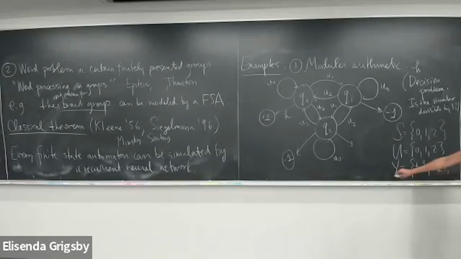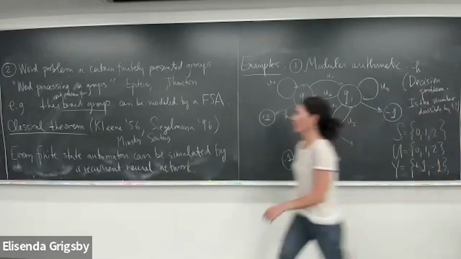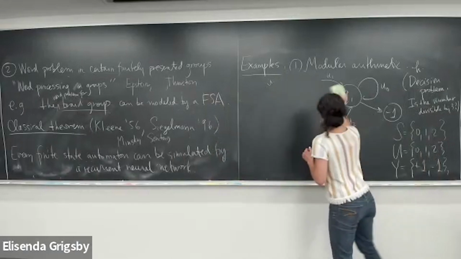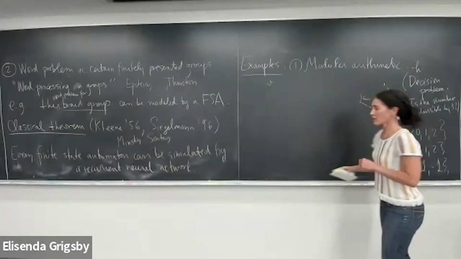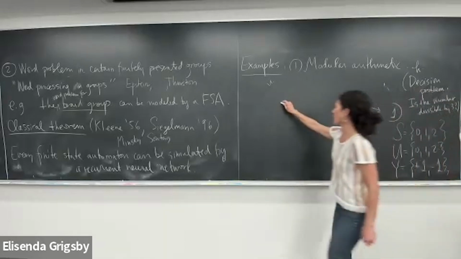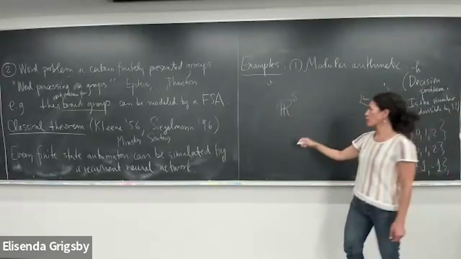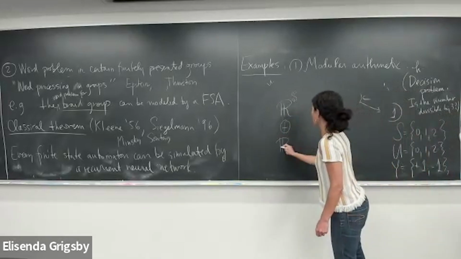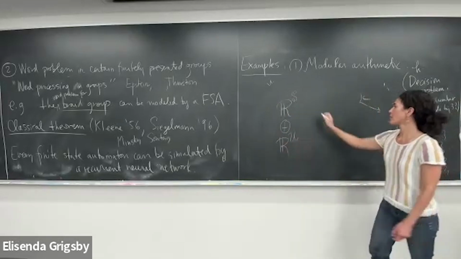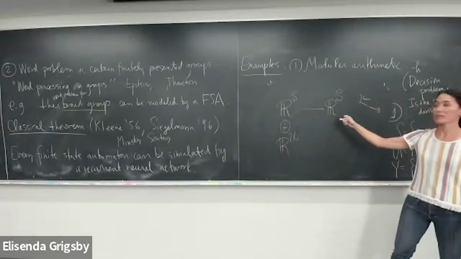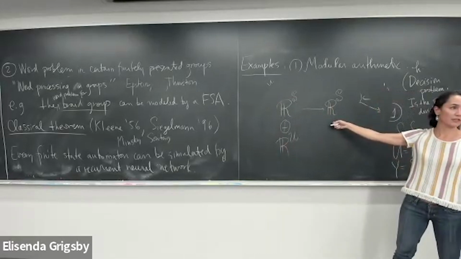Can you say what in this context the recurrent neural network is? Yeah, I meant to say more here, but I'll just write it down. Recurrent neural networks are basically like dynamical systems. In this case, you'd have a space where your states are encoded and a space where your updates are encoded, and then a map to the space where your states are encoded.